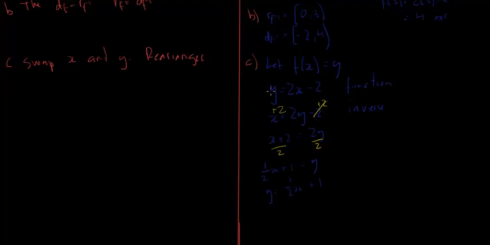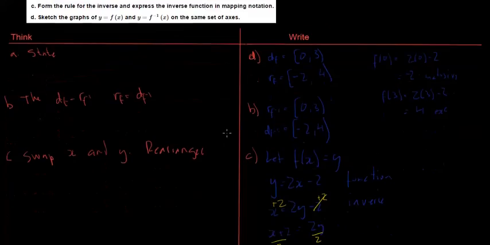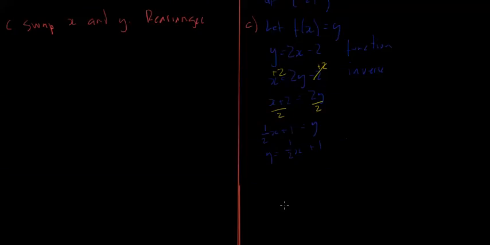Now the question isn't quite answered because we need to write it in mapping notation. To write that in mapping notation, we need to have the name, which is f to the negative 1. And after the name, we have the domain.